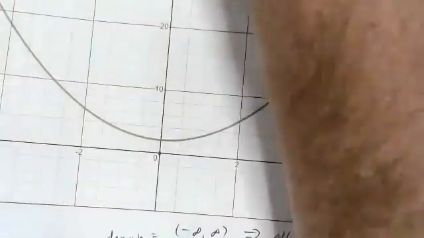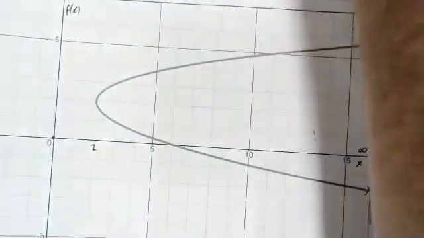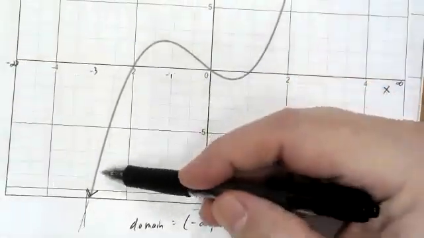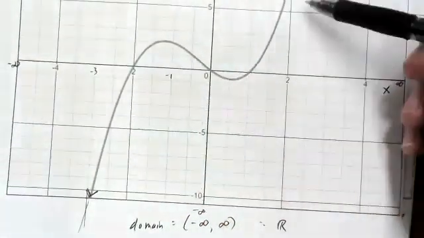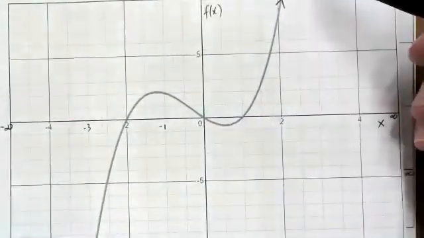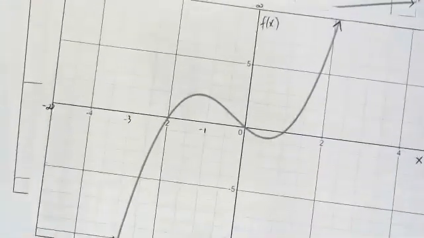Now, the one thing I want you to notice in all these 3 examples so far, there are no breaks or gaps in these graphs. We talked about this is like a continuous function. All 3 of these are continuous functions.